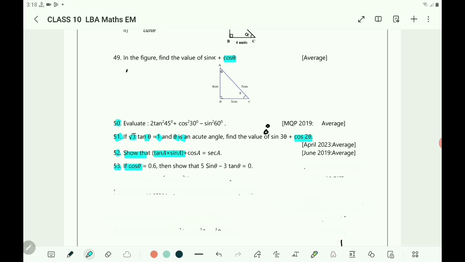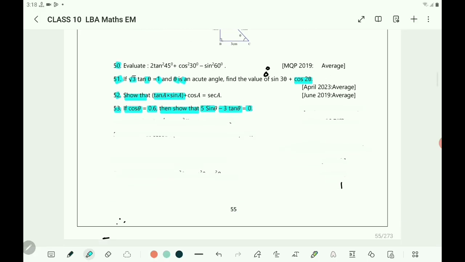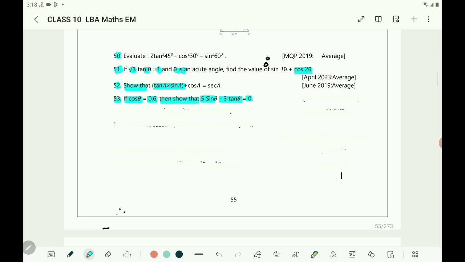If cos theta is equal to 0.6, then show that 5 sin theta minus 3 tan theta is equal to 0. Write the LHS.